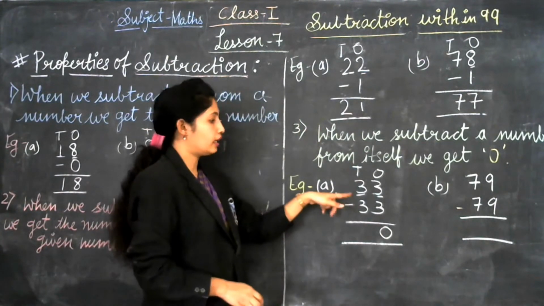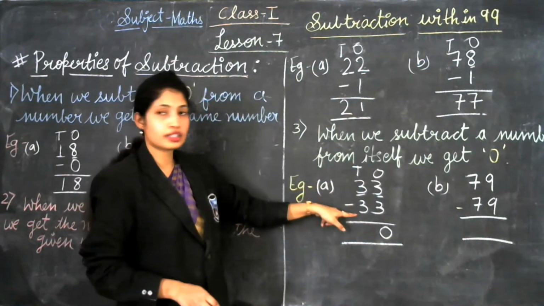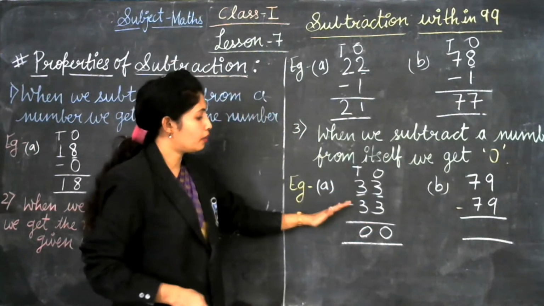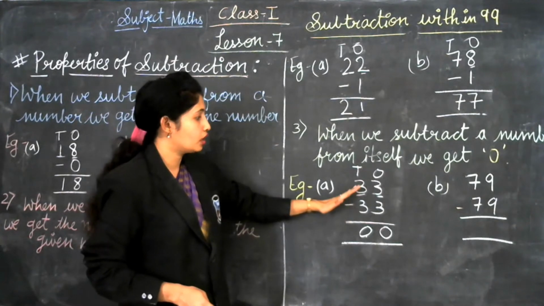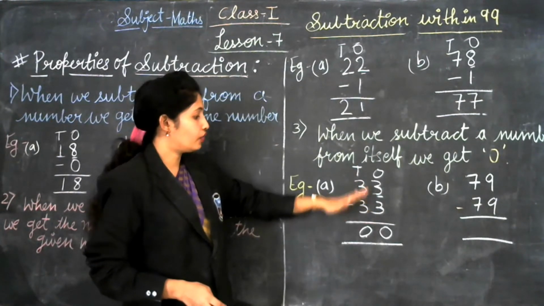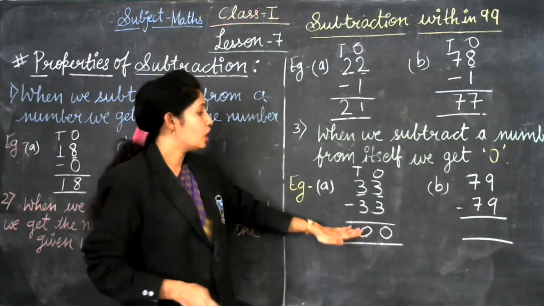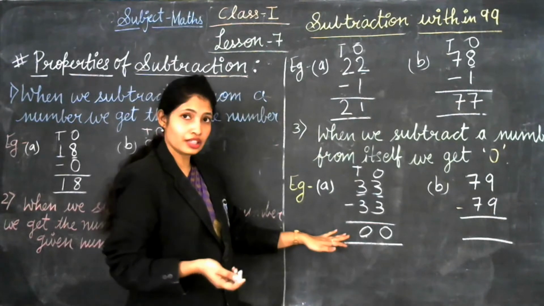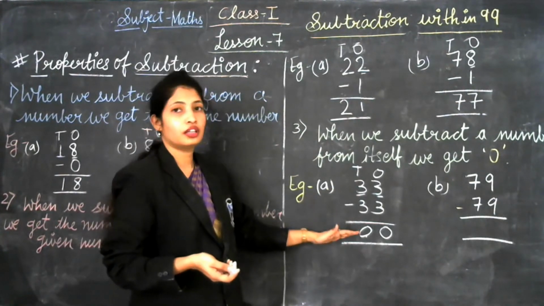So 33 minus 33, we get 0. We can write single zero or we can write double zero.